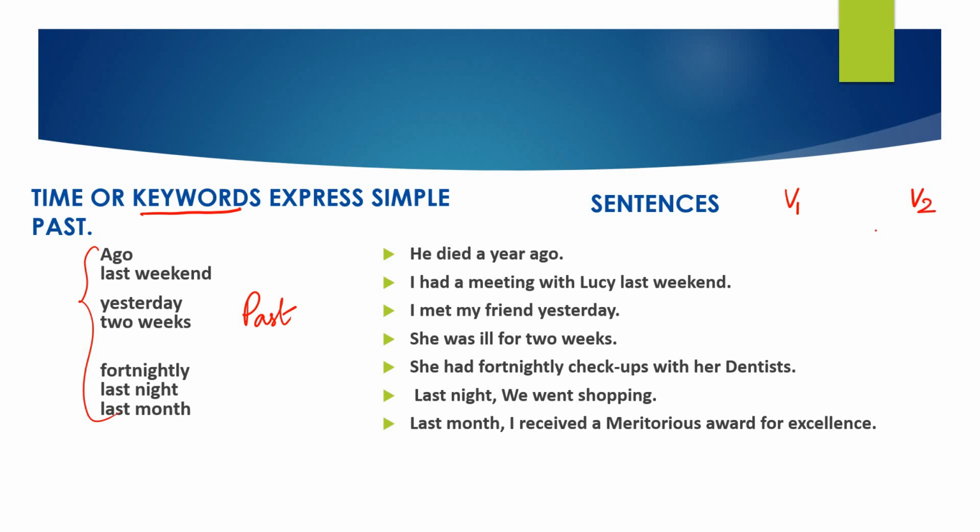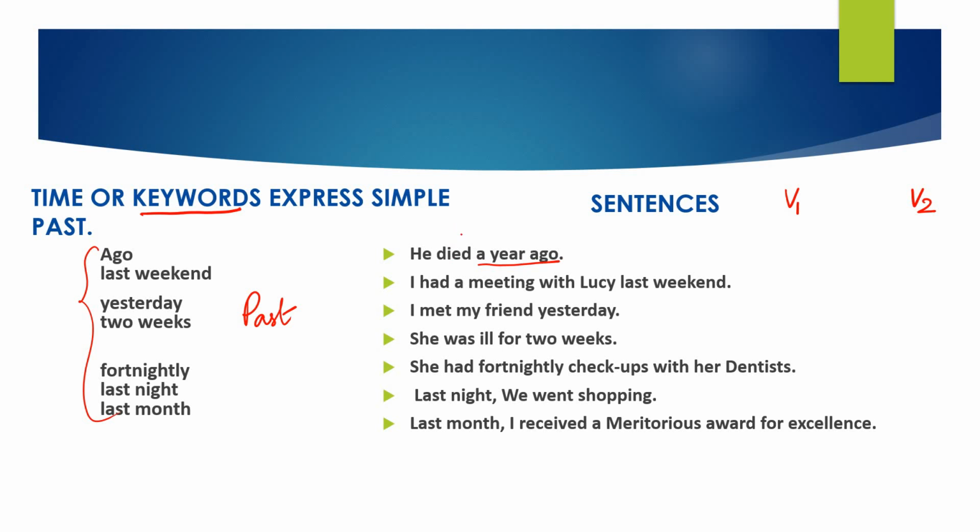of the verbs. Now here, the first one is: he died a year ago. Of course, we know that a year ago denotes the time in which the event happened. It happened in the past.